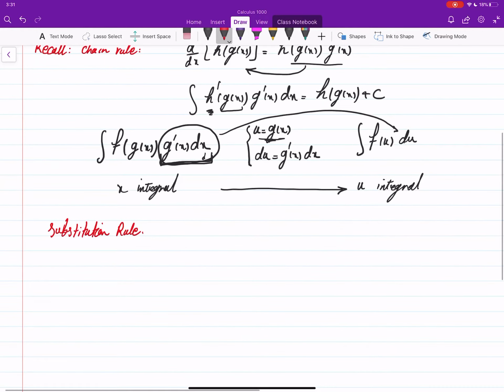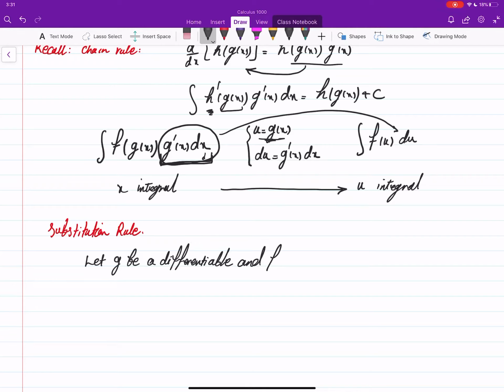If I want to write the details of the substitution rule, I need g to be a differentiable function and f to be a continuous function.